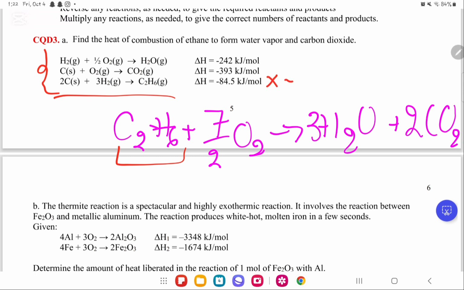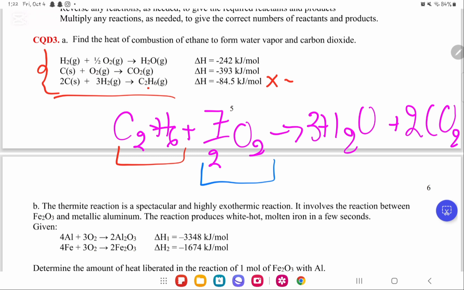Now we check C2H6, we have 1 mole, and also here C2H6, we have 1 mole. So we don't need to multiply it by anything else. That's C2H6 done. Then we have 7 over 2 O2. We have O2 over here and we have O2 over here. If we ever have any compound or element that is in more than one reaction, we will leave it for last because it will balance itself out.